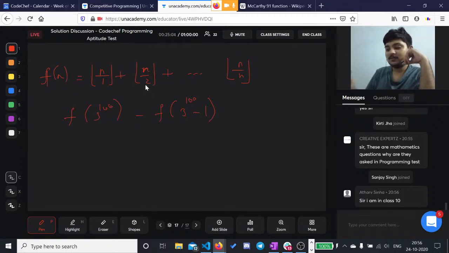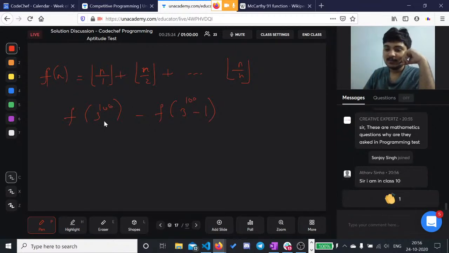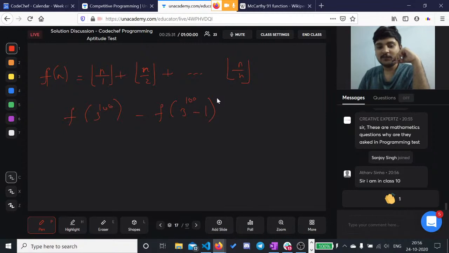There are some questions that are very mathematical and need mathematics beyond class 10, but there are very few. This question doesn't require a lot of mathematics per se, but it's a tough question. I'll come to the solution later, but the reason these kind of mathematics questions are asked is because if you like solving these, then you will enjoy competitive programming.